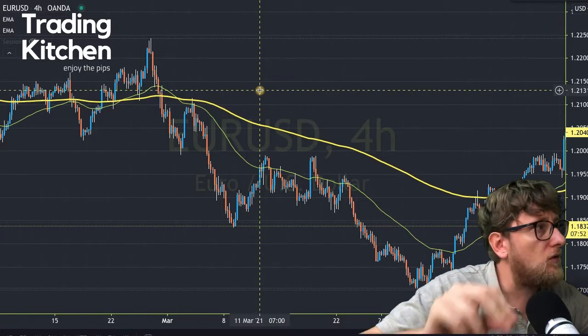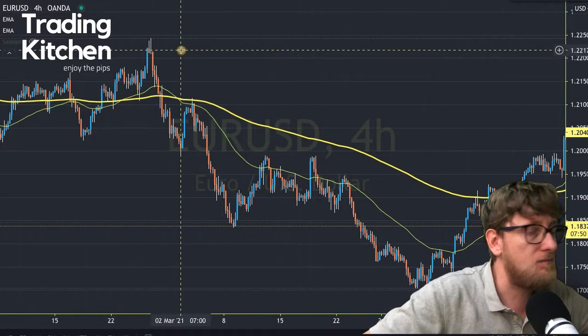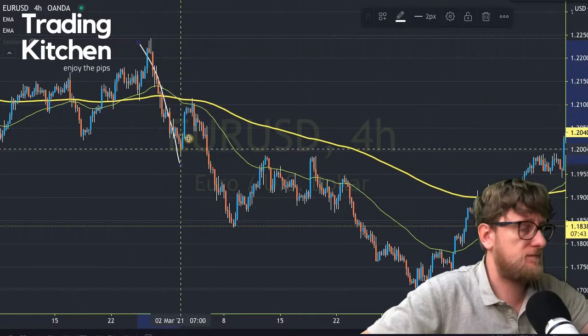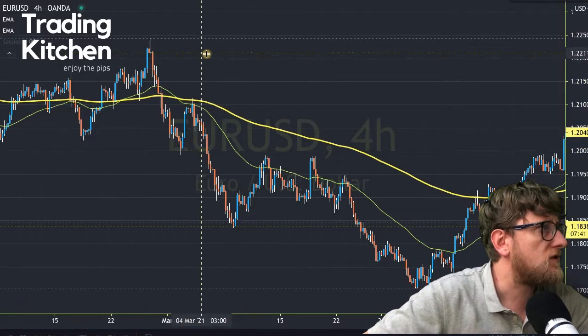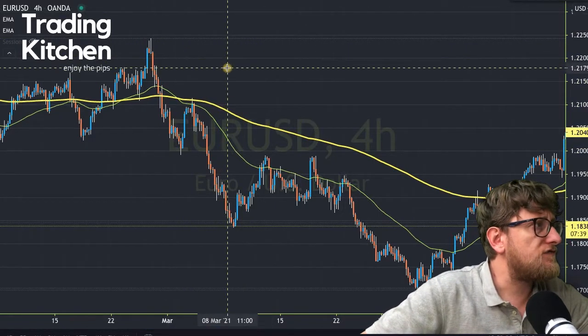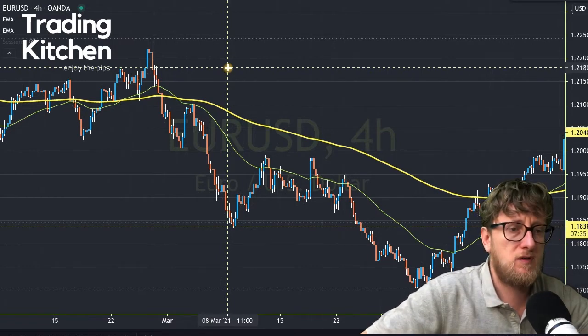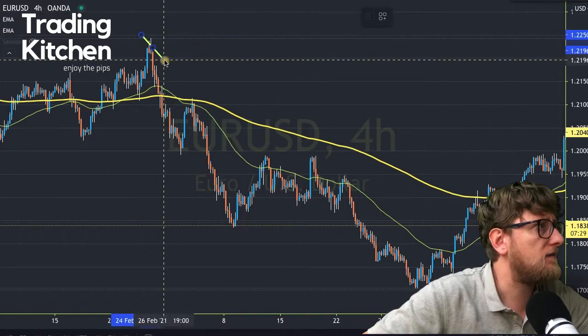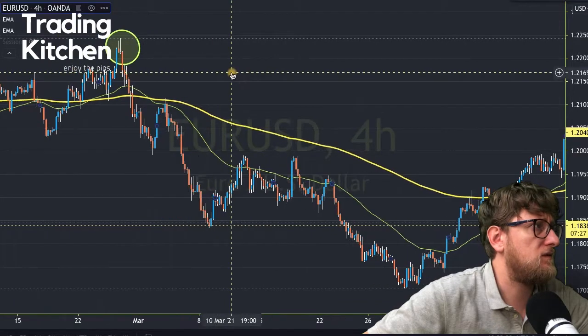So basically, how to identify dominance. First of all, look at the impulse. Okay, so for example, this one. You just have to wonder from where this impulse has started, and here it's clearly from this candle.